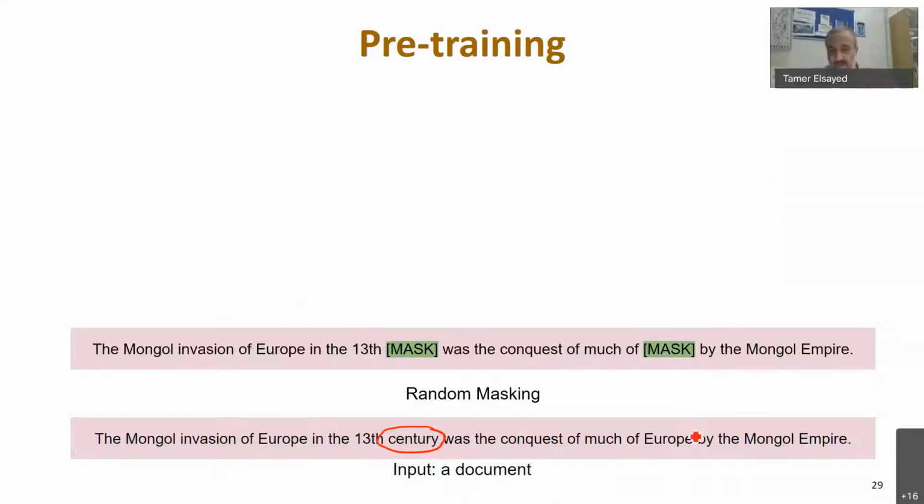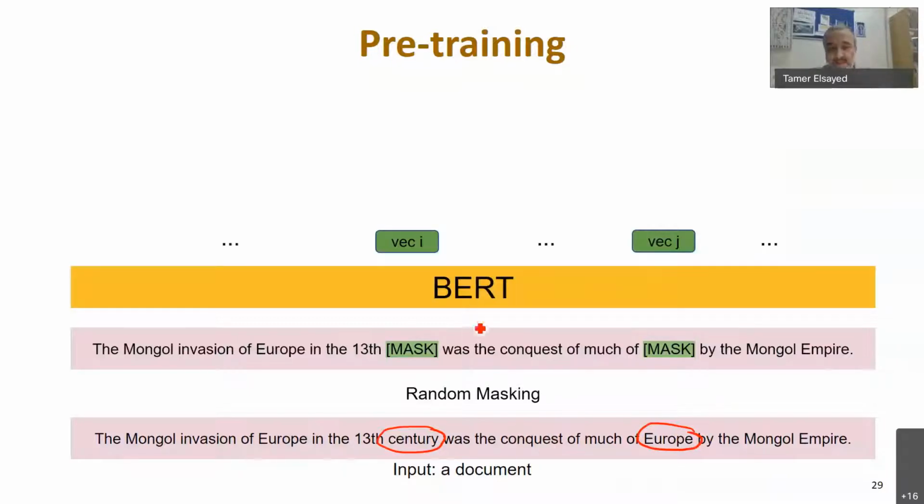I masked the word Europe, randomly, 15% of the tokens in each sentence, and then pass it over BERT. We get the embeddings corresponding to the masked tokens.